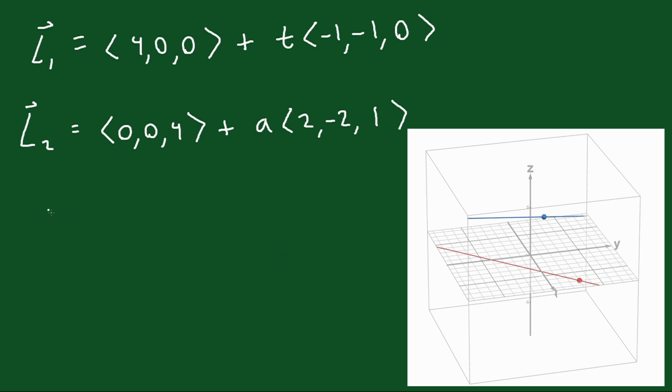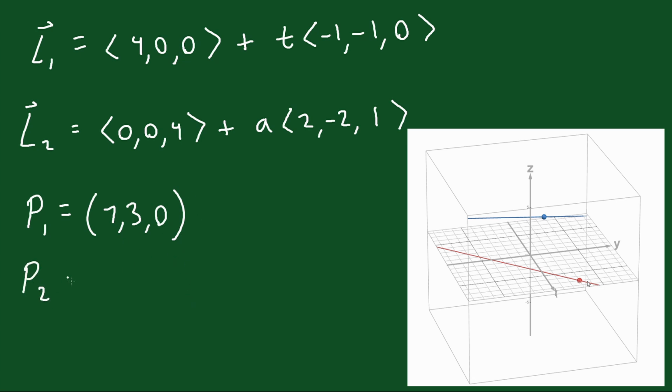Instead, the points that I'm going to use, I'll say P1 for the point on line 1. This is the point (7, 3, 0), and the way I found that point was I just plugged in a random value for t. I believe I plugged in the value -3, and then I found this point. 4 plus -3 times -1, that gives you 7. I did the same thing for those other values, and that's how I got all of these. Now that's P1.